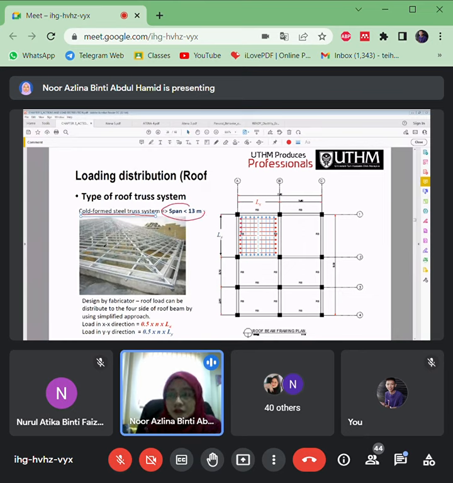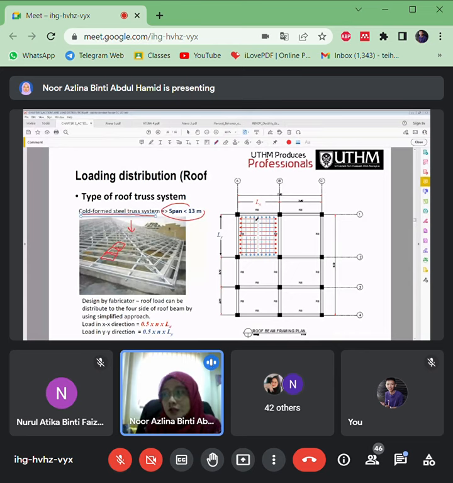If you look here, there are many purlins or battens, according to the length of the metal decks that will be arranged on top of them. If you look from the top view, you will see just a flat surface, which consists of numbers of purlins and metal decks. So that's why it's quite simple here.